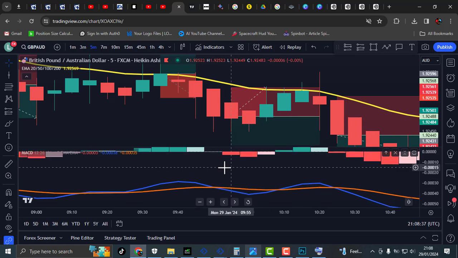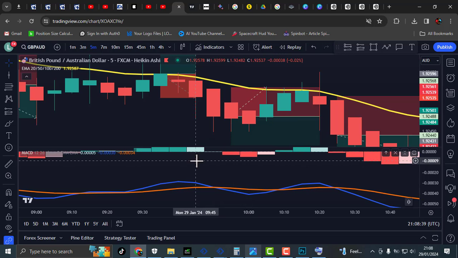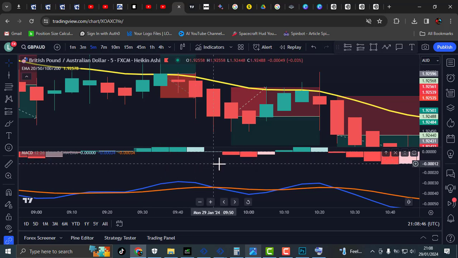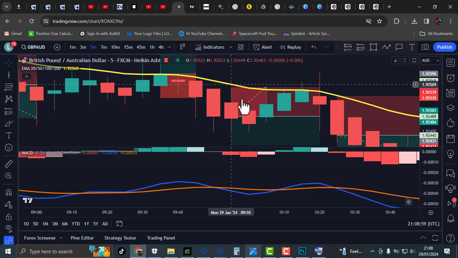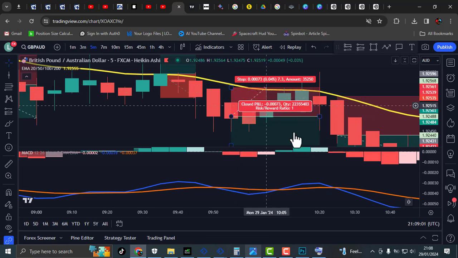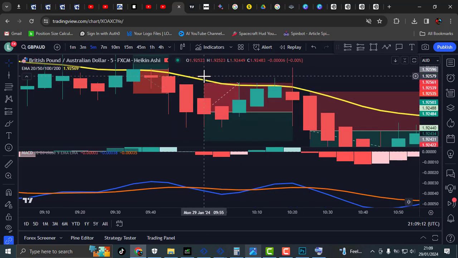So previously we did enter and the blue line was above, and this time the MACD blue line was below the orange one, that's one confluence, and then the gram was red, and also price closed below the moving average. We entered, stop loss got hit. And obviously in this trade we didn't use any doji candle.